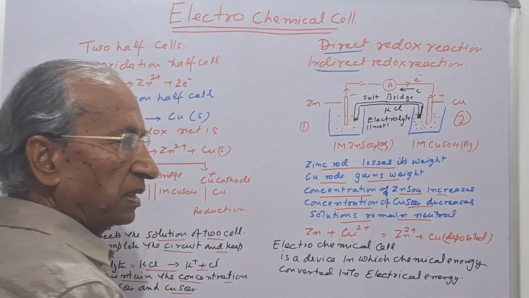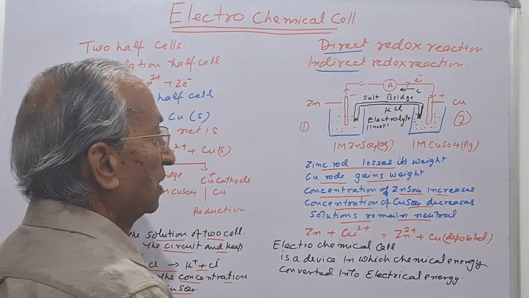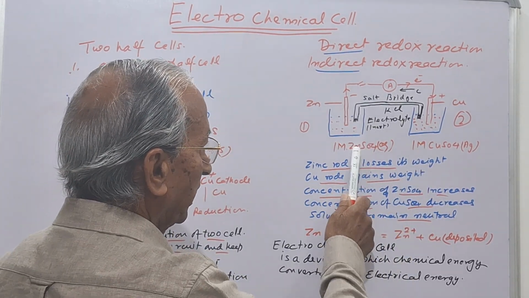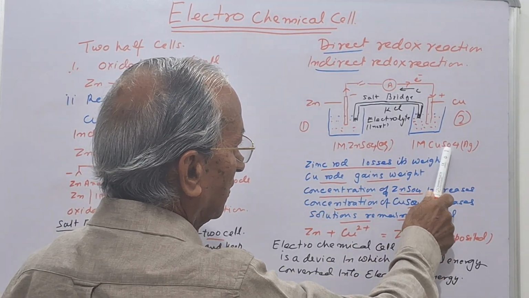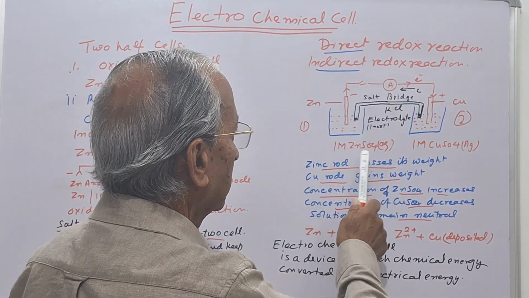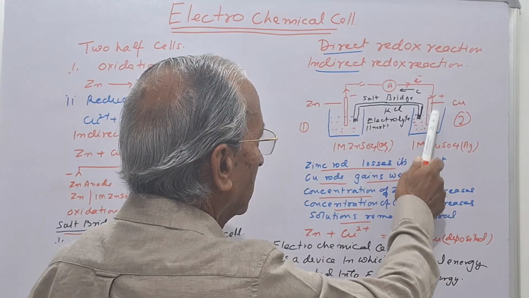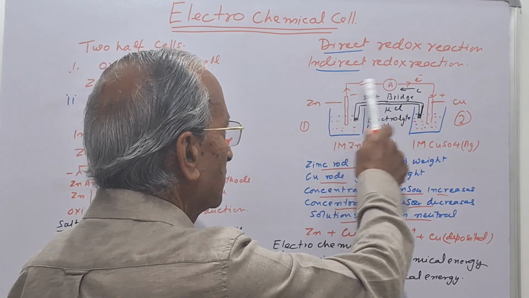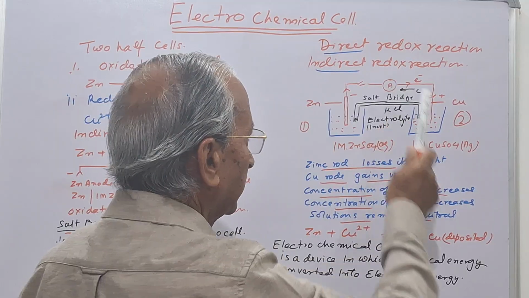Now, if we take the reaction of copper and zinc, if we take two beakers, in one beaker the electrolyte is zinc sulfate 1 molar solution, in the second beaker the electrolyte is copper sulfate 1 molar solution, and in the zinc sulfate a zinc electrode and in the copper sulfate a copper electrode, and these electrodes are connected by insulated copper wire having key K and an ammeter.